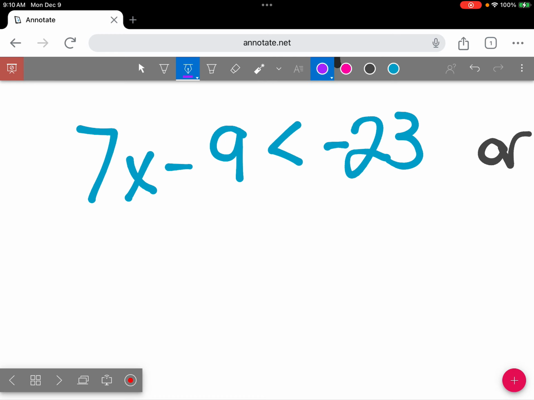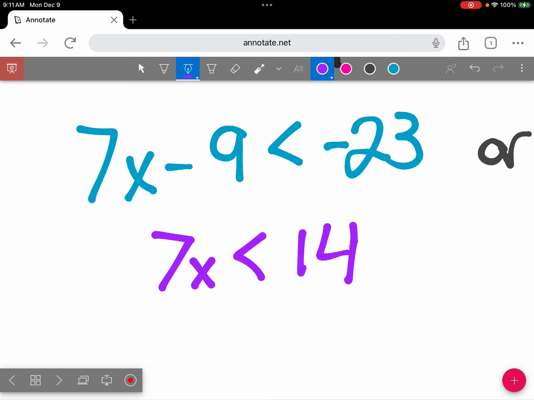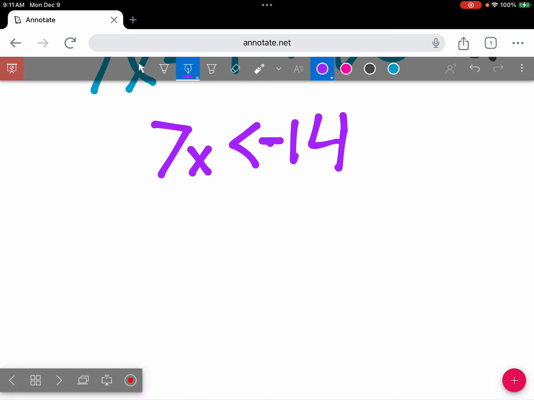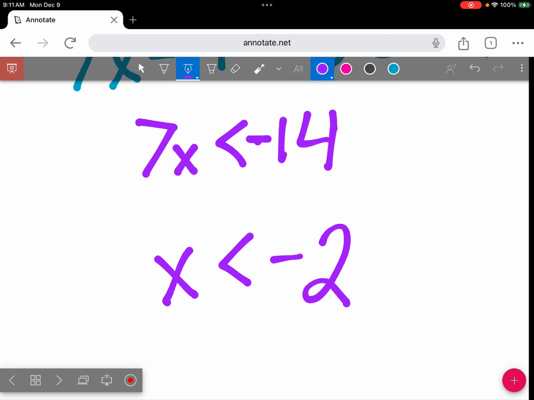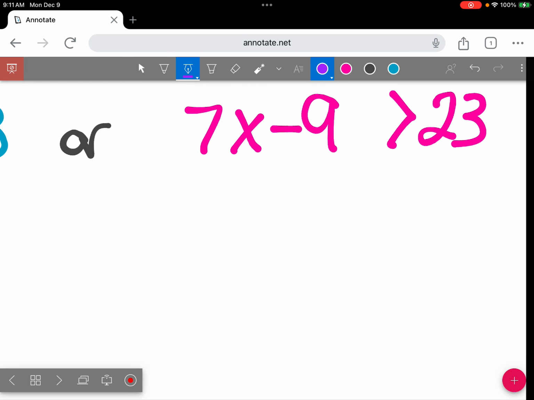Add 9. That's going to give me that 7x is less than negative 14. Negative sign didn't show up. Which means my x is less than what? Negative 2. Same kind of vibe on the right one.